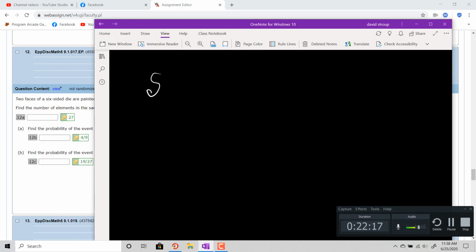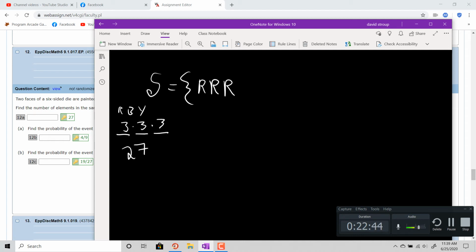So our sample space, if we're rolling 3 rolls in a row: red, red, red, red, blue, yellow. Oh, this is going to be brutal, right? Because in each roll you have 3 possibilities: red, blue, or yellow. Each roll is independent of the previous roll, and there are 3 ways to do each roll. So therefore, there are going to be 27 items in your sample space.